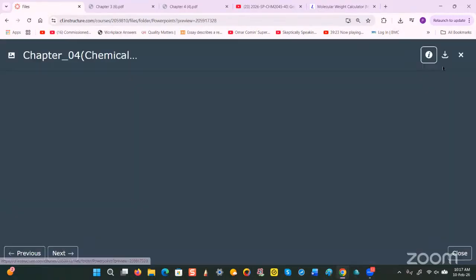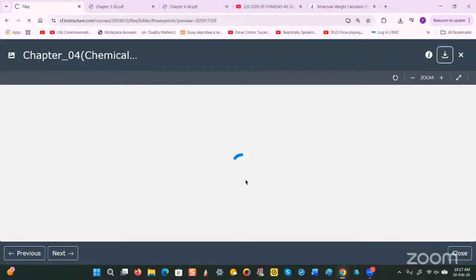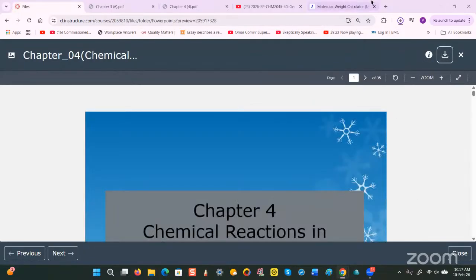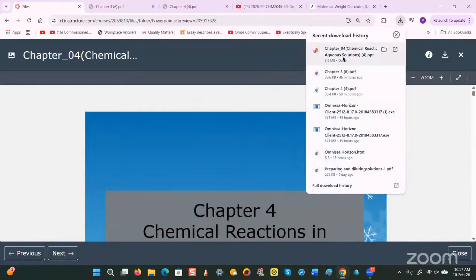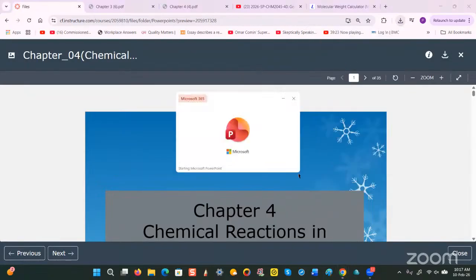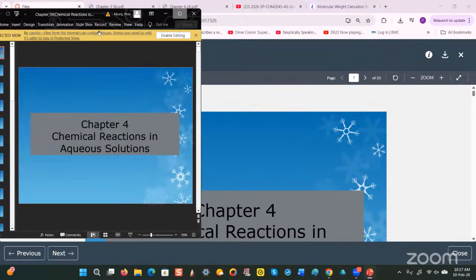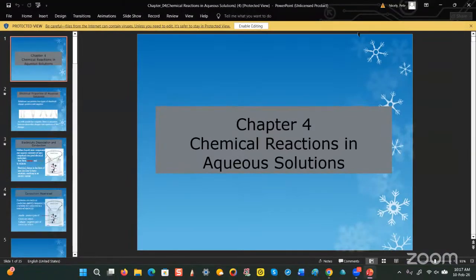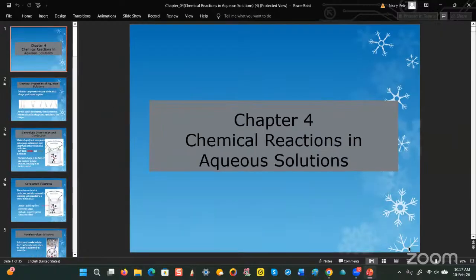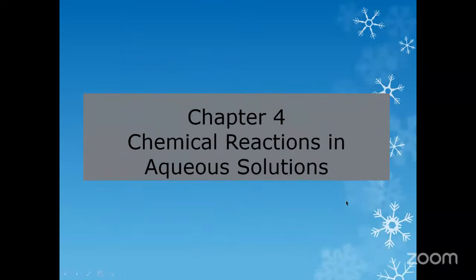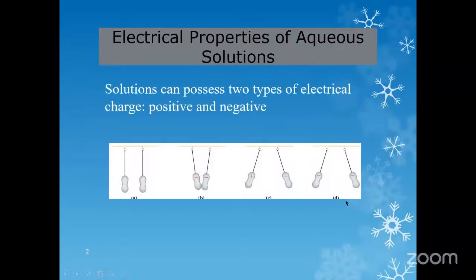One of the first things we need to remind ourselves of is the nature of ions. As you all know, ions are species that carry charges, and the charges can be positive or negative. This is summarizing the nature of the electrical properties of charges.